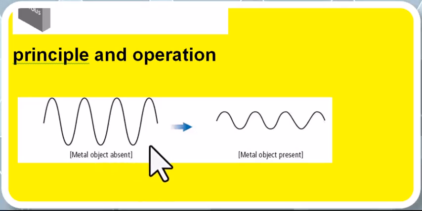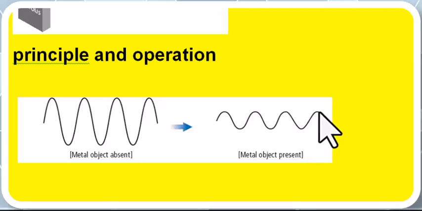But once an object or target metal comes near to the sensor, then the magnetic field magnitude reduces, then automatically the amplitude of this oscillator also reduces, and its frequency also reduces like this.